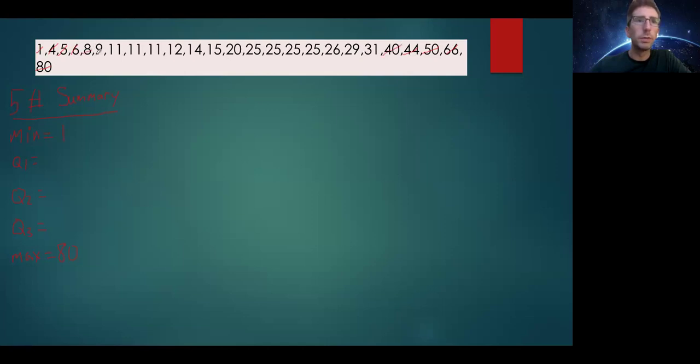And we will either be left with one number or we'll be left with two numbers. If we're left with one number, that number itself is our median. And if we're left with 2, we've done this before, we'll have to add those two numbers together and divide by 2 to find our median. And it looks like we're going to be left with one number, which is 20.